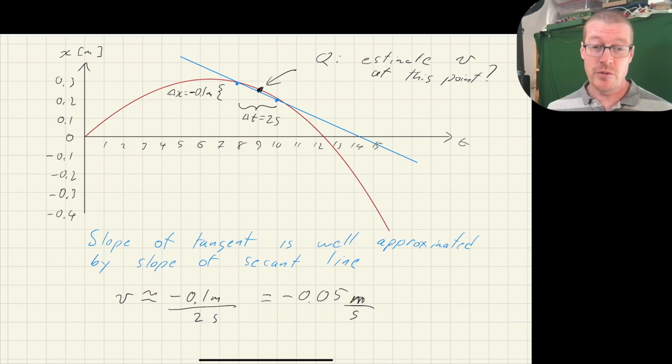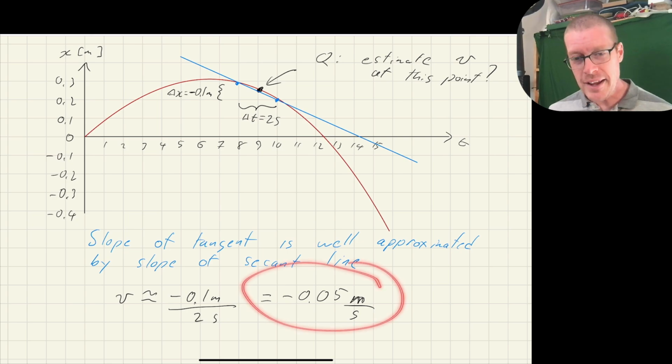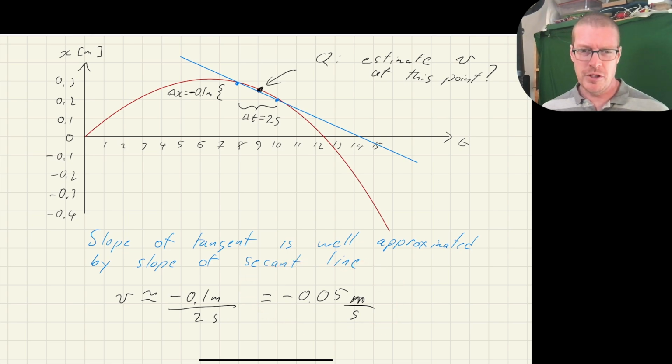If you got negative 0.5 meters per second, clearly you've done something wrong. So you need to get the right order of magnitude, but the exact number doesn't really matter for these kind of questions. The sign is really important, the fact that this is a negative slope, and the units are very important, which in this case, I need to actually give you the units on the axes for it to make sense.